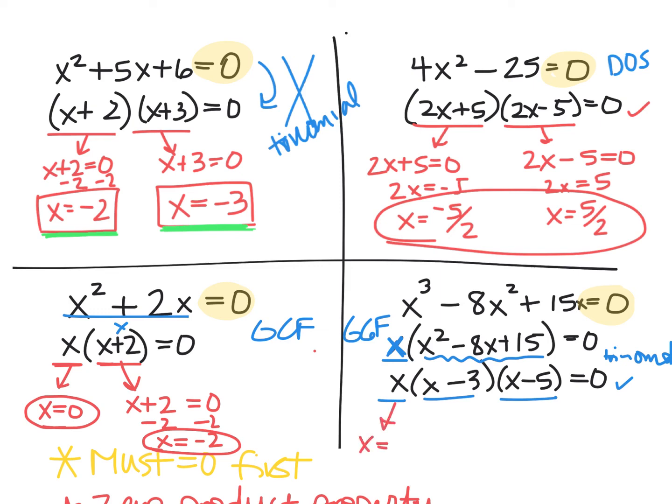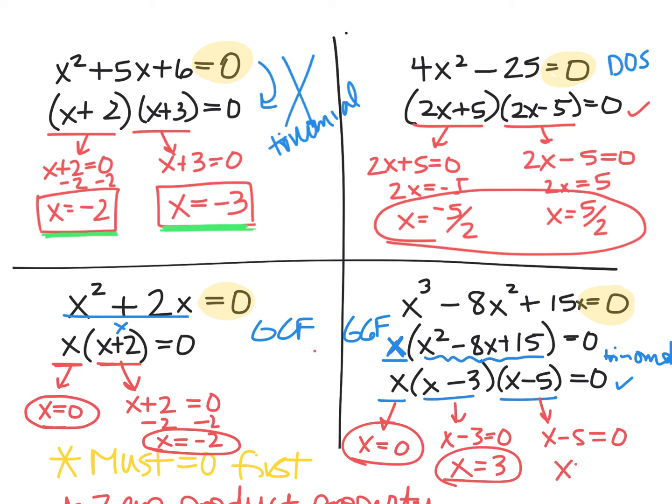Either x equals 0 or x minus 3 equals 0 or x minus 5 equals 0, which means x equals 0, or x equals 3 if I add 3 to both sides, or x equals 5 if I add 5 to both sides.